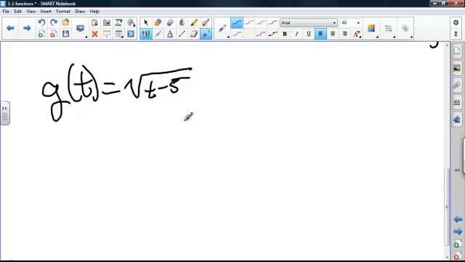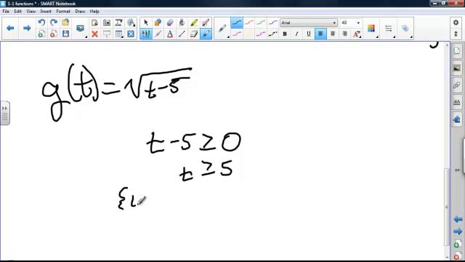So what we're going to do is say, well then, t minus 5 has to be greater than or equal to 0. Now solving this, we see that t has to be greater than or equal to 5. Because if it's not greater than 5, this becomes a negative number. So we write this in set builder or interval notation.